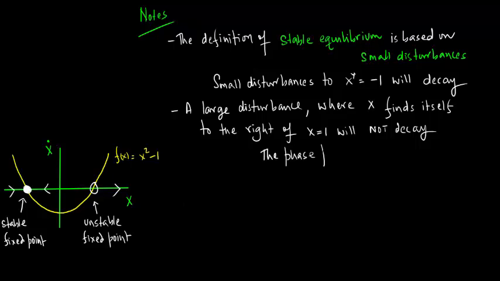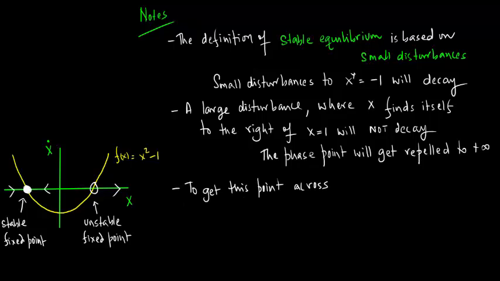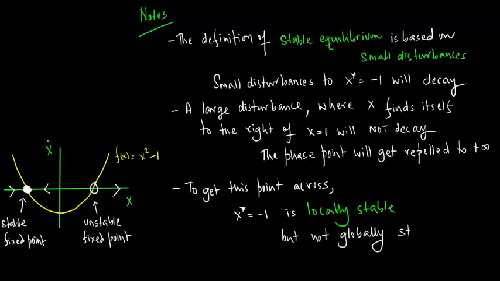In fact, the phase point will get repelled towards plus infinity. To get this point across, x star is equal to minus 1 is locally stable but not globally stable, in the sense that we will not have convergence from any arbitrary initial condition.